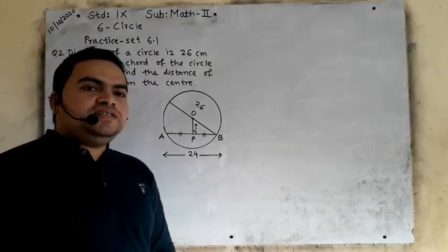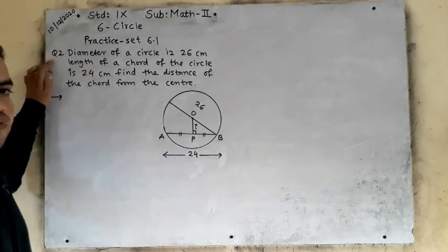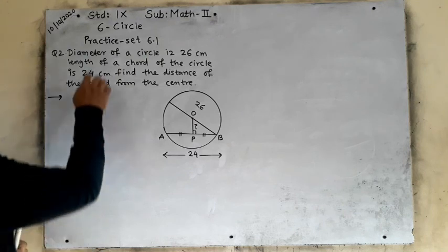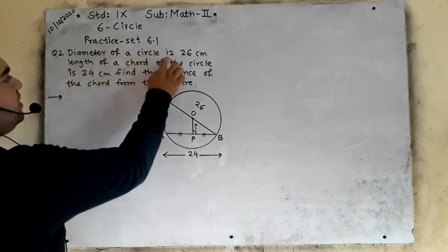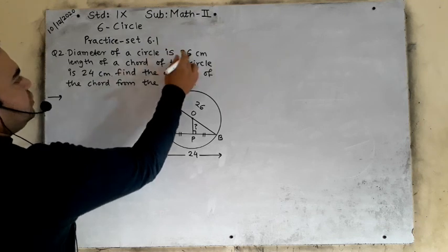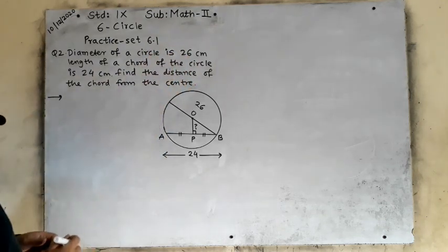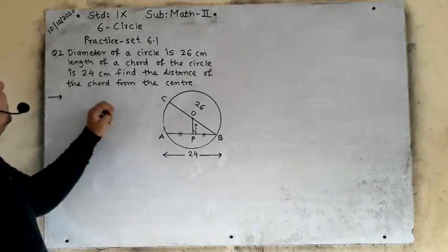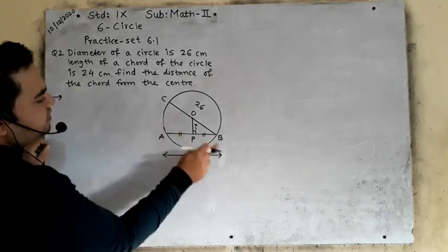So my dear students, now we will see question number 2 of practice set 6.1. Please try to understand the question. Diameter of a circle is 26 centimeters. Can you see the diameter here?